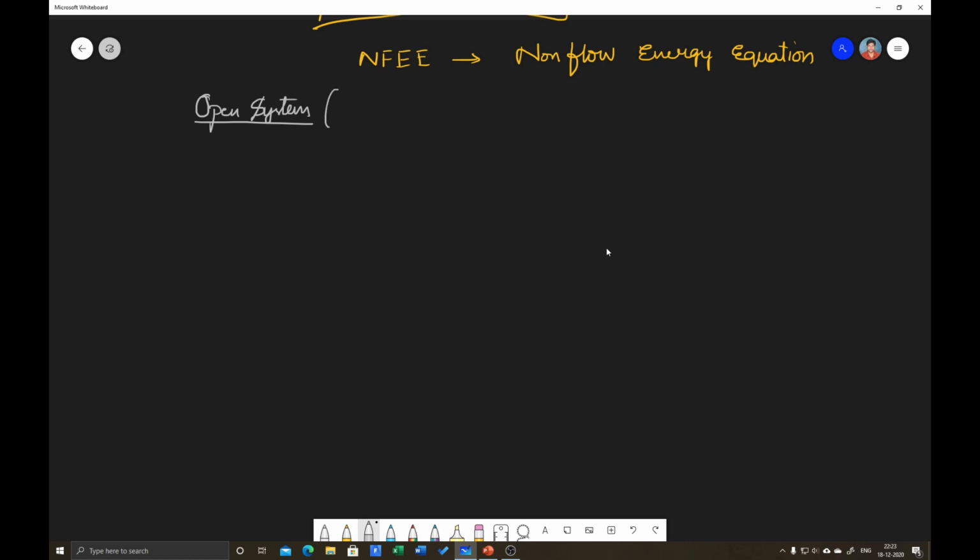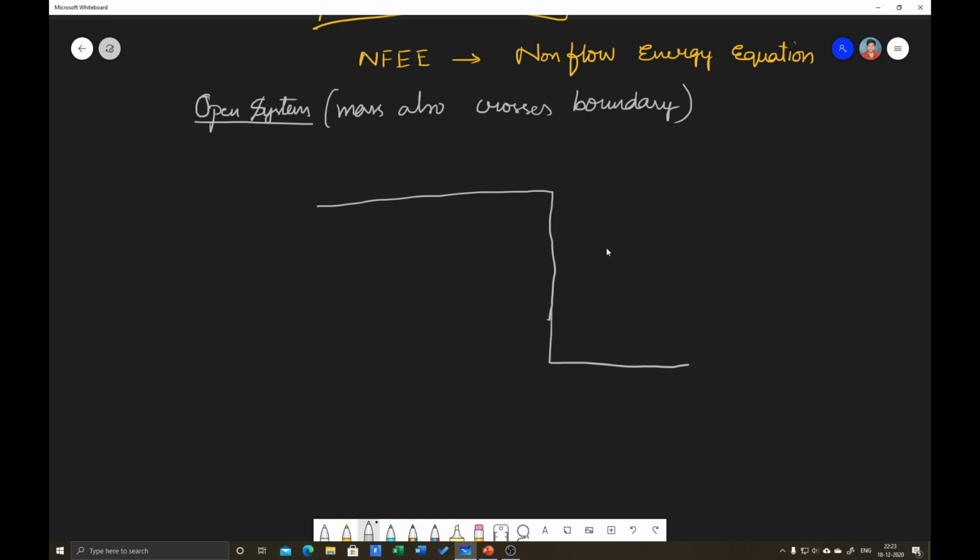So in an open system, mass also crosses the boundary, right? That is by definition, mass also crosses the boundary. Say there is a system like this.